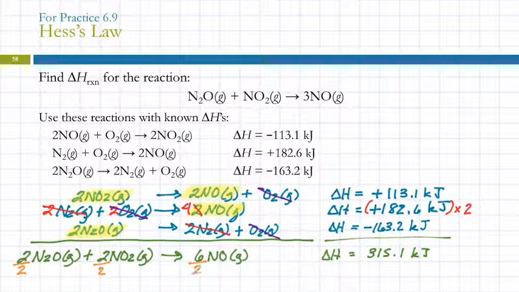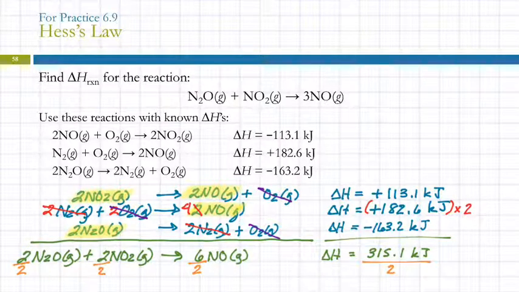And if I divide the coefficients by 2, then I also divide delta H by 2. Because if I burn half as much wood, I get half as much heat, right? So 2 over 2 is 1, 2 over 2 is 1, 6 over 2 is 3. So that gives me the correct coefficients up here.